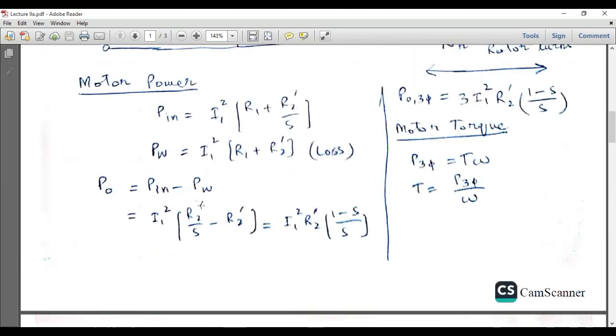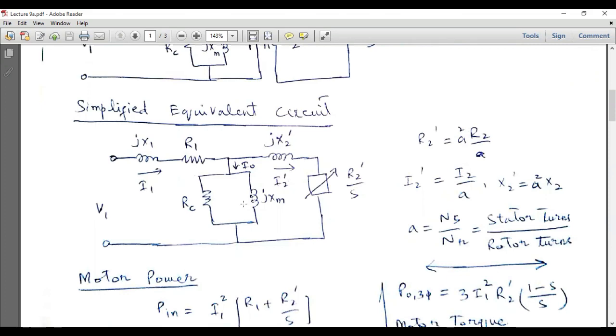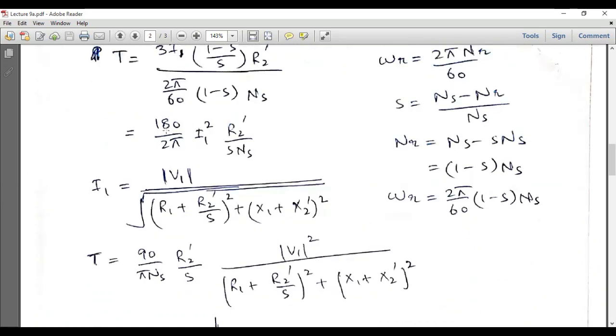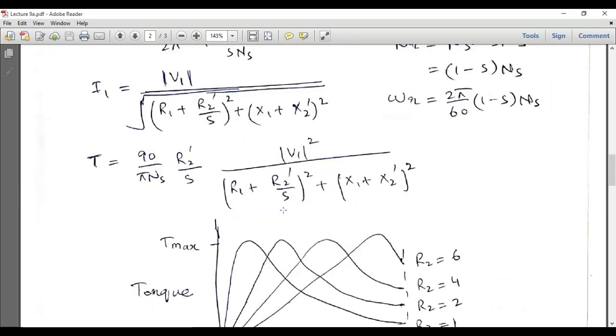So this expression has come from this equivalent circuit, and it is very simple and straightforward. So torque will be equal to 180 over 2 pi, which will become 90 over pi. This is ns, and R2 dash over s, and I1 square is equal to V1 square divided by this expression, and this under root will be cancelled out.